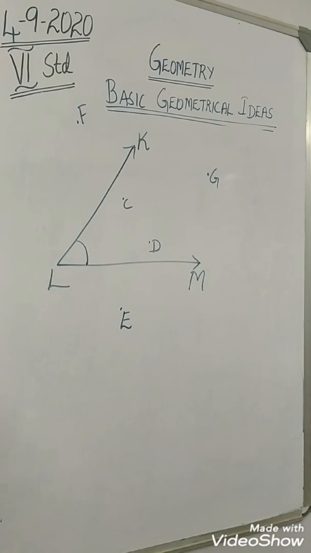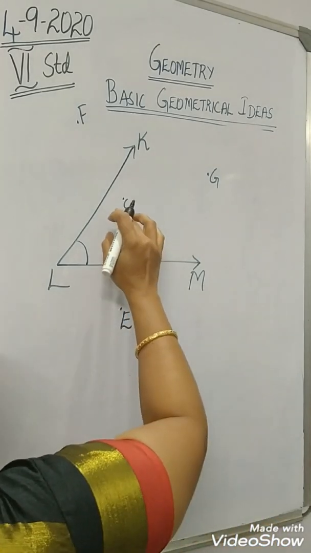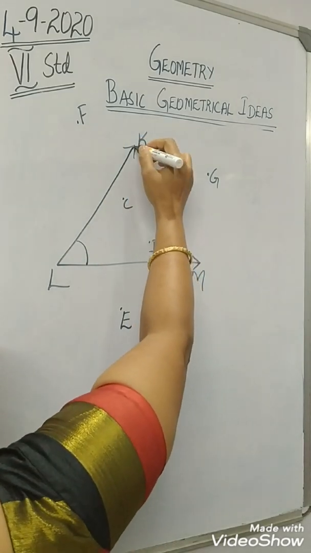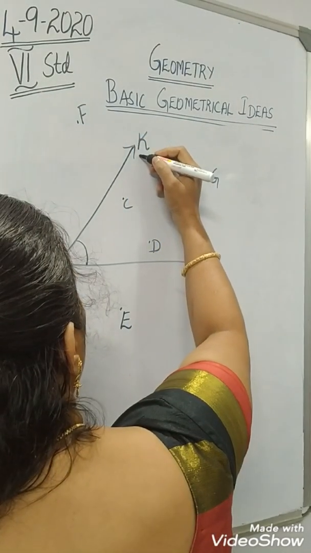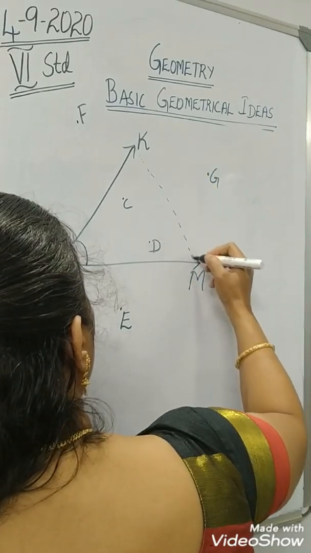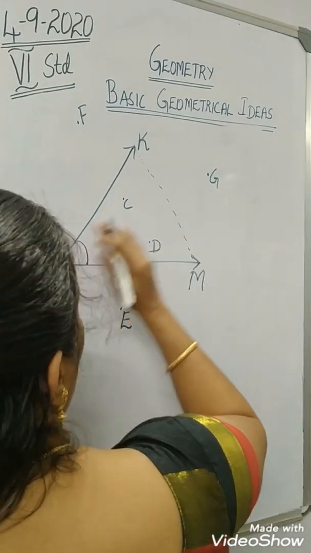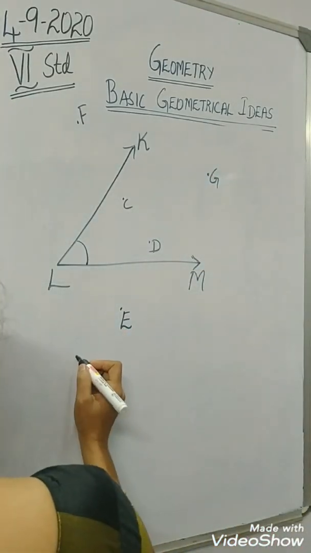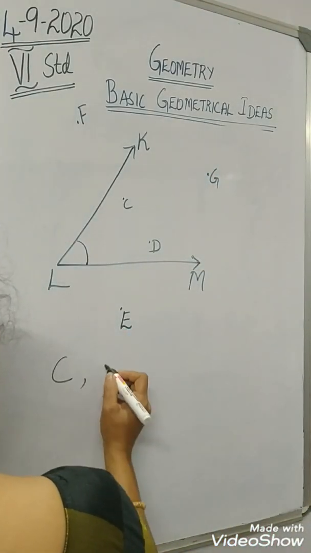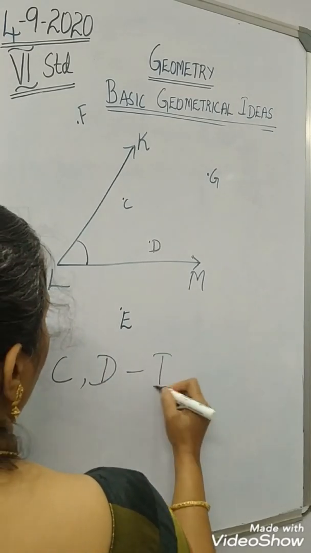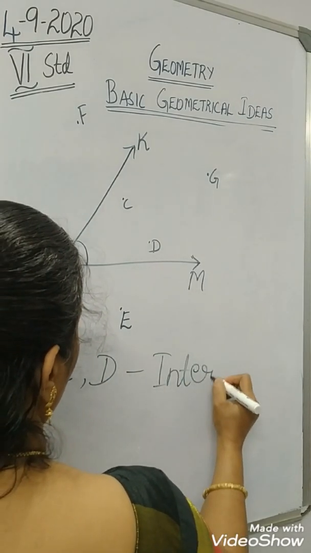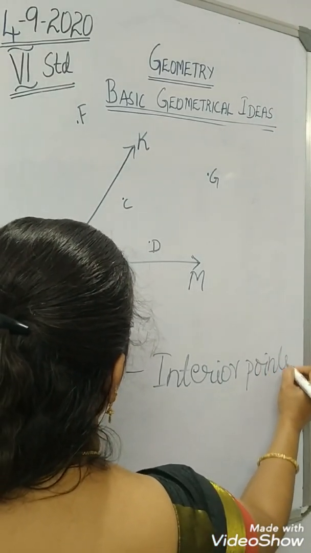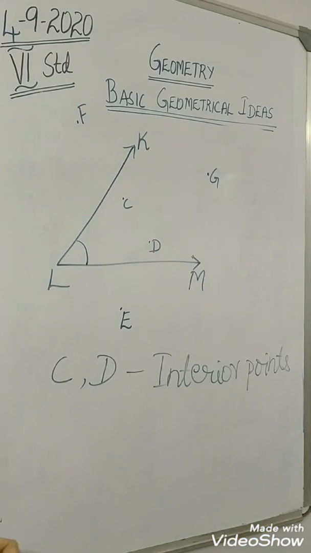As we learned before, the points which are inside the angle. Suppose you think here, if you shade this part, it is actually inside. Is it or not? So, the points which are inside the angle, that is C and D, they are interior points. They are inside the angle, so they are called interior points.